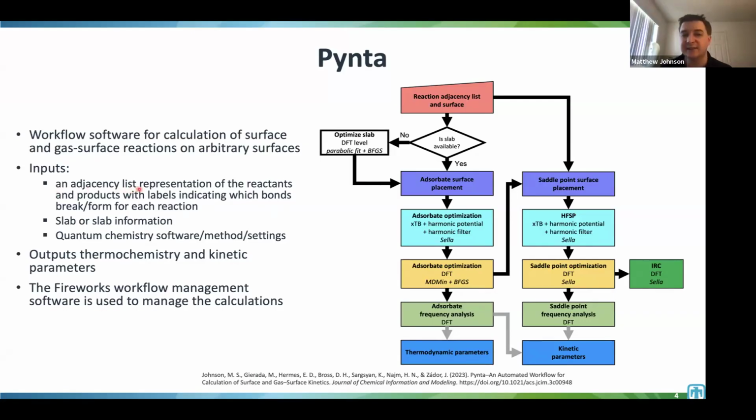It takes in an adjacency list representation of the reactants and products with labels that indicate the bonds that break and form for each reaction, either the ASE XYZ slab or information about the slab, and the quantum chemistry software, method, and settings that you're interested in. And it outputs your thermochemistry and kinetic parameters through a long, complicated sequence of different processes. The Fireworks workflow management software is used to manage these calculations and run them efficiently.